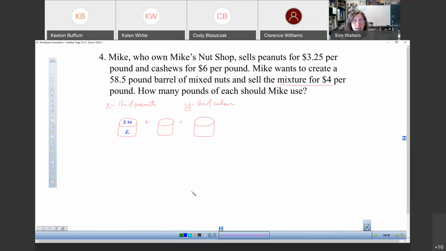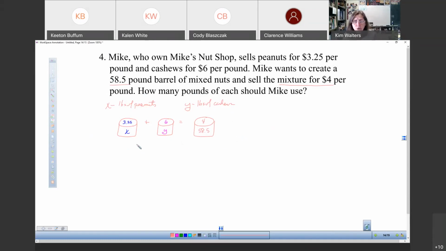And then it's going to be $6 per pound for Y pounds of cashews. And then I have a total of $4 per pound for my mixture, but I know the amount of my mixture is 58.5. So I just have to be careful and make sure that whatever amount I'm given, it's going to go in one of these containers. If I know the total amount, I can do an X and a Y here, and it makes it really nice.